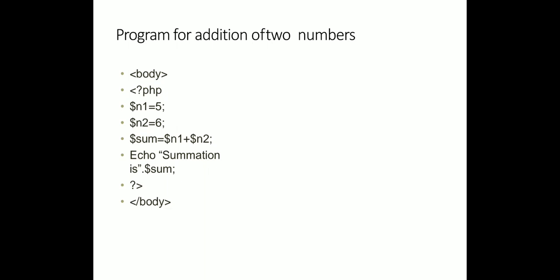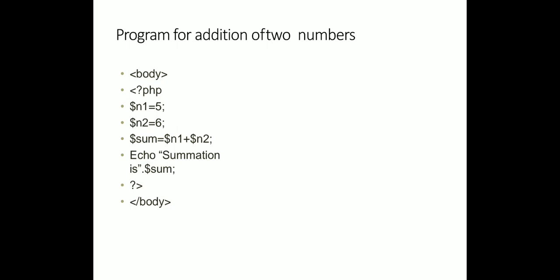So here I have written program for addition of two numbers. So I have defined $n1, that is first variable, as n1 with the value 5 and n2 with the value 6, and I have summed them up with another variable, that is $sum I have defined equals to $n1 plus $n2.